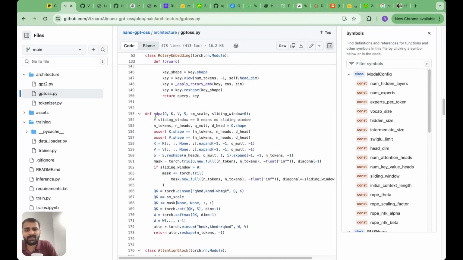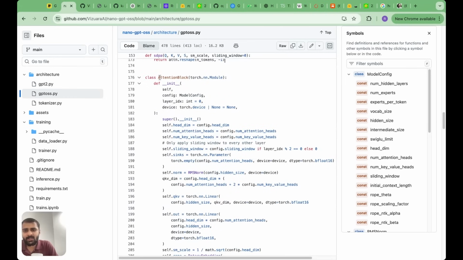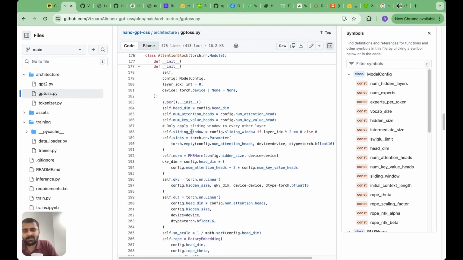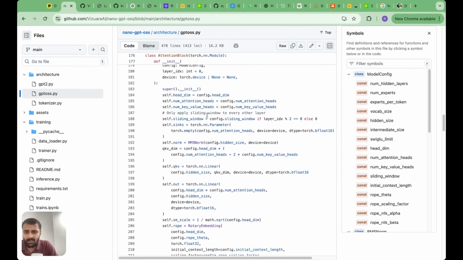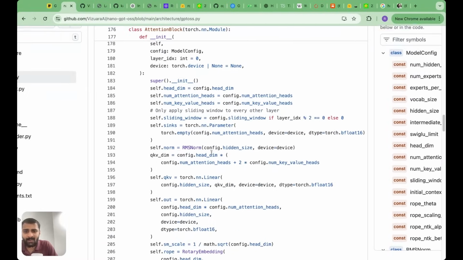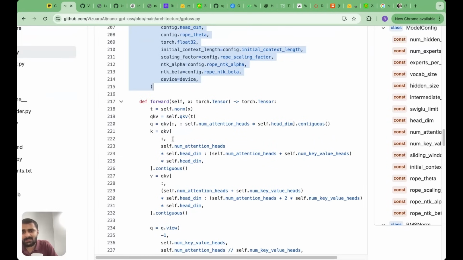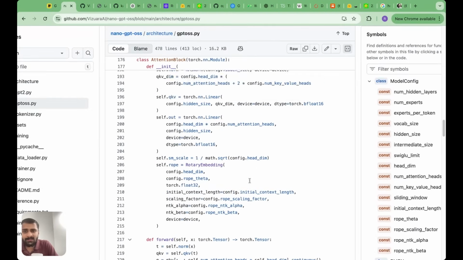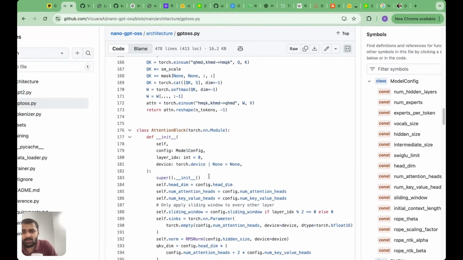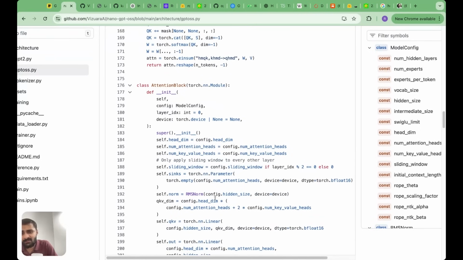Then you have SDPA, which is the sliding window attention, right? You have an attention block over here, which does the query key value computation. Here is where the grouped query attention actually happens. Here is where the rotary embeddings are applied to the query and the key matrices. Then we calculate the attention matrix, and here the grouped query attention, the 8 to 1 ratio, is also applied.